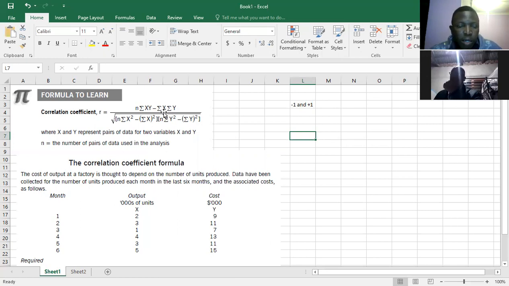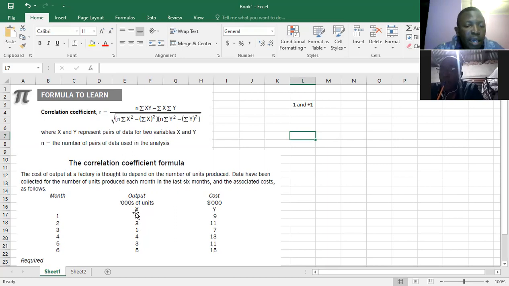Quickly, we will try to find out whether there is a correlation between the number of units produced and the cost of production. We have six months that we have the data for.